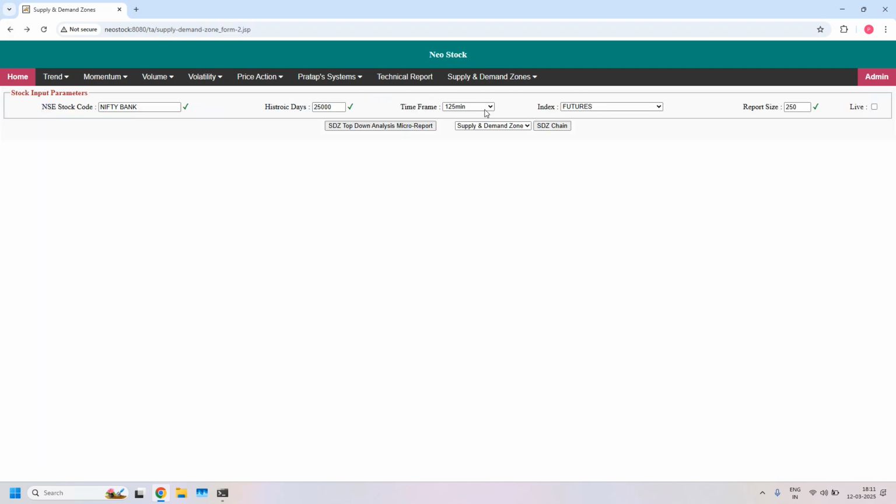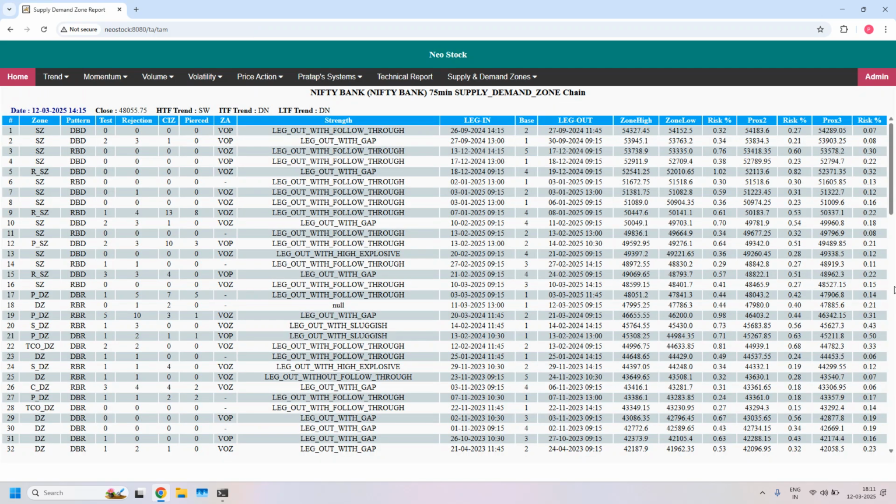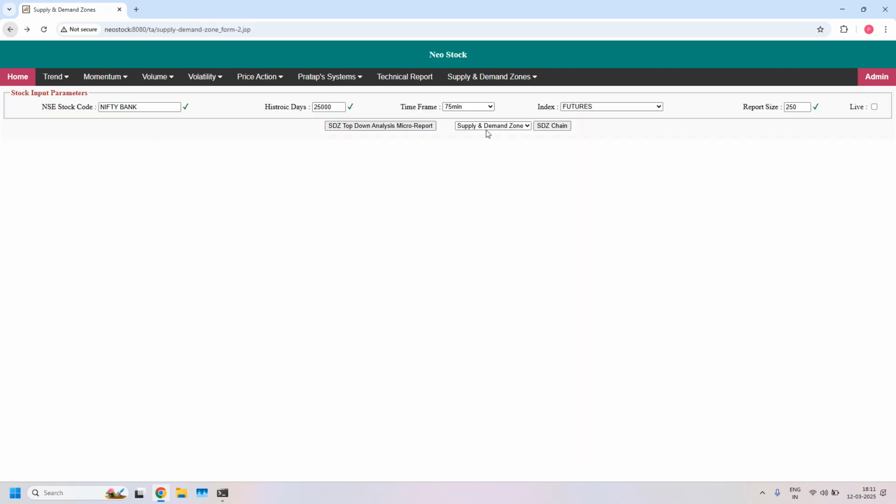Next, 75 minutes supply demand zone chain for BANKNIFTY. Next, 25 minutes supply demand zone chain for BANKNIFTY.